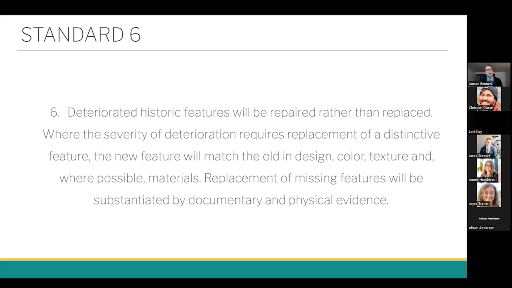Standard 6 says that deteriorated historic features will be repaired rather than replaced. Where the severity of deterioration requires replacement of a distinctive feature, the new feature will match the old in design, color, texture, and, where possible, materials. Replacement of missing features will be substantiated by documentary and physical evidence.